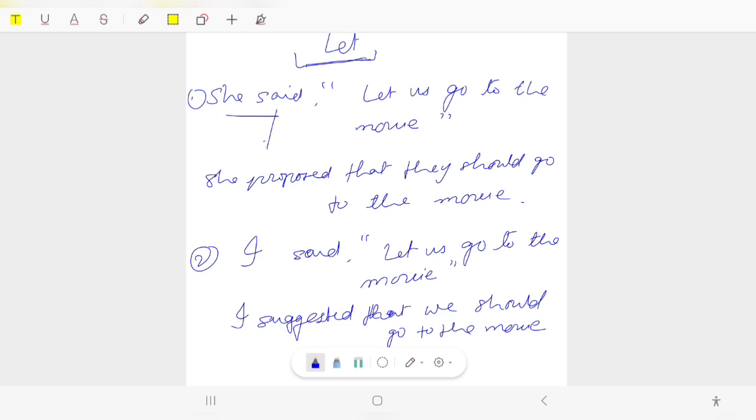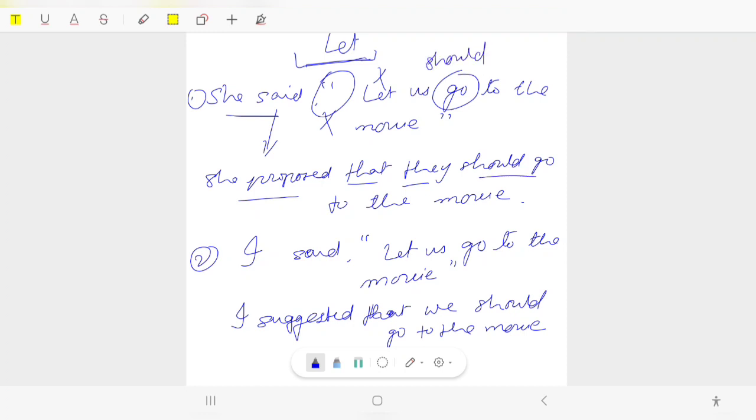So said will change into suggested or proposed. She suggested, inverted commas removed, and use the connector that. Remove the word let and use the word they. Then just before the main verb, use the word should.